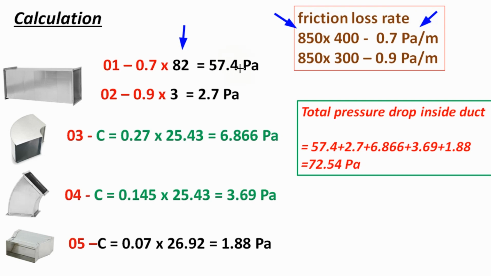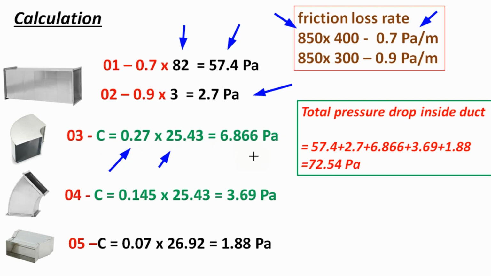Then the total pressure drop inside this duct is 57.4 Pascal. Similarly, for size 850 by 300 millimeter duct of length 3 meter, the total pressure drop value is 2.7 Pascal. For 90-degree elbow, the friction loss coefficient is 0.27 and the velocity pressure is 25.43.